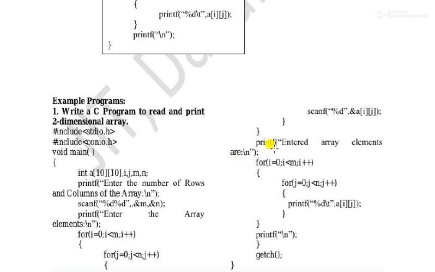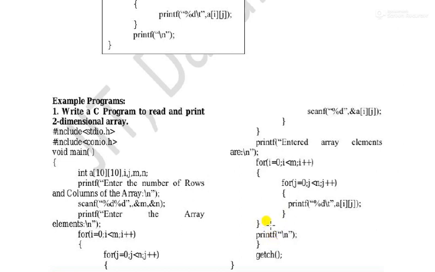If you want to print, then you have to use printf. For i is equal to 0, i less than m, i plus plus. For j is equal to 0, j less than n, j plus plus. Printf %d \t, a[i][j]. Printf \n. So after these two for loops, next you use printf \n. Actually this one you have to write inside here.